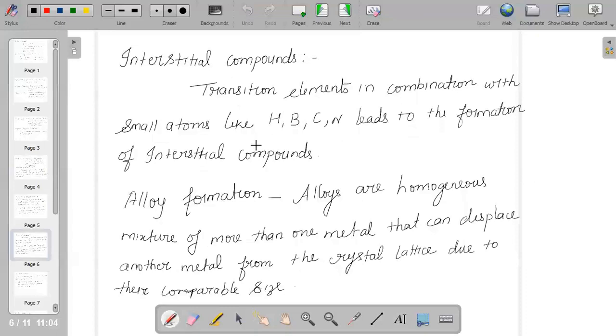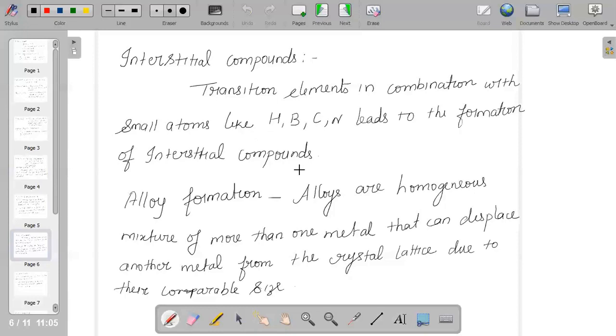And it is also helpful in the formation of interstitial compounds. When we say interstitial compounds, transition elements combine with small atoms like carbon and hydrogen, leading to the formation of interstitial compounds, which are non-stoichiometric in composition.